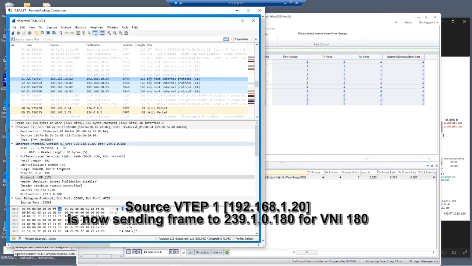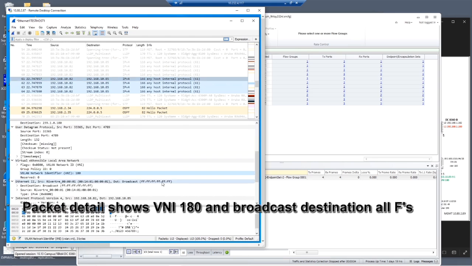On closer examination, we see source VTEP 1, 1.20, is now sending a frame to 239.1.0.180 for VNI 180. Further examination shows that this packet is indeed VNI 180 and broadcast destination, all Fs.